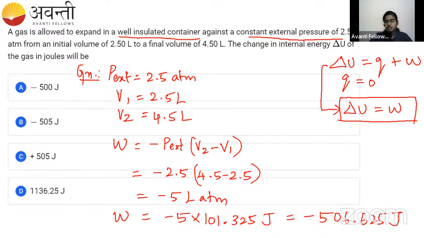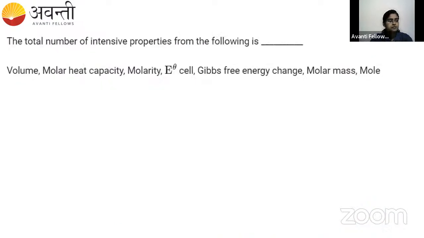So this is the answer, which is again equal to delta U, the change in internal energy. Now the approximate value nearest to this 506 is option B, minus 505 joule. Okay, that is the answer. Now coming to the next question.